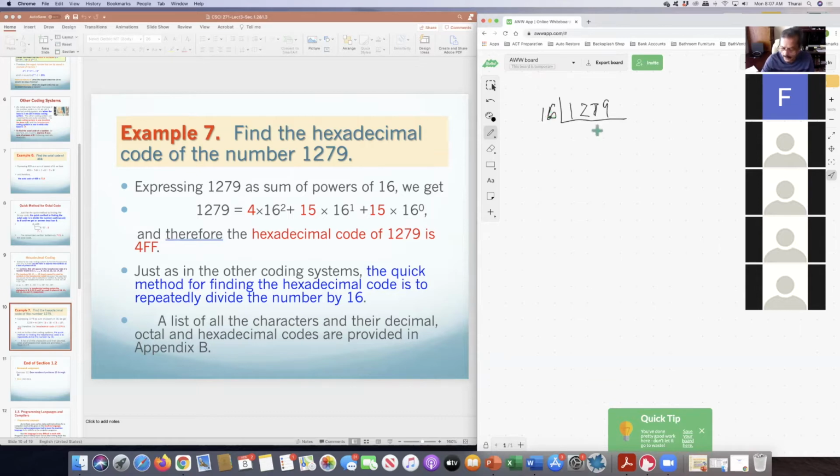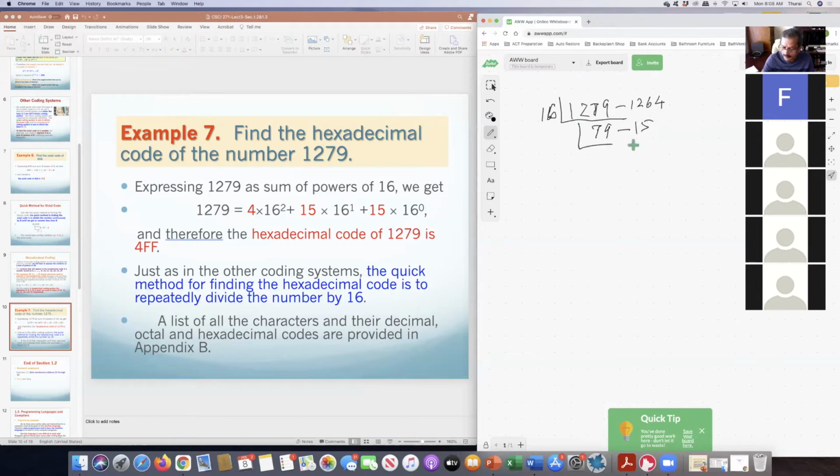So I only write the 79 here. That's all I need. And to figure out the remainder, I multiply 79 by 16. 79 times 16 is 1264. So subtract 1264 from 1279, and that gives me 15. So 15 is the remainder.